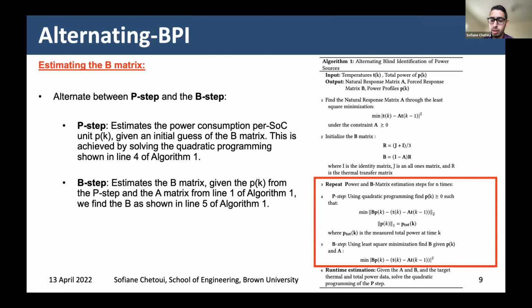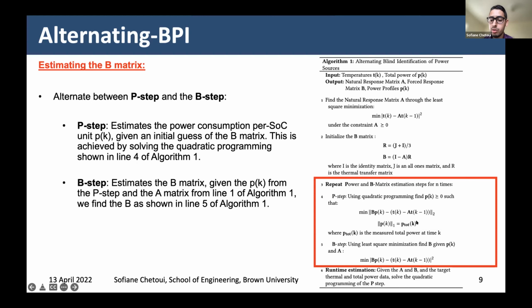So in the P step, as shown on the right side, we solve the quadratic programming problem, which is derived from the state space model, where we try to minimize this term under the condition that the total power consumption should be equal to the total power that we have as input.